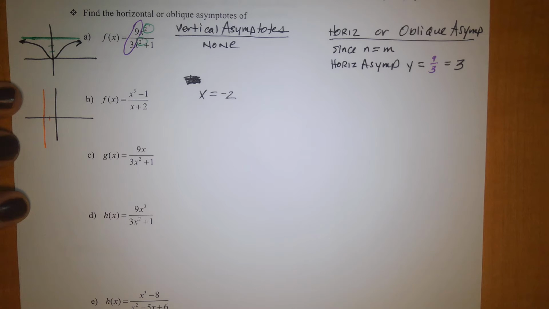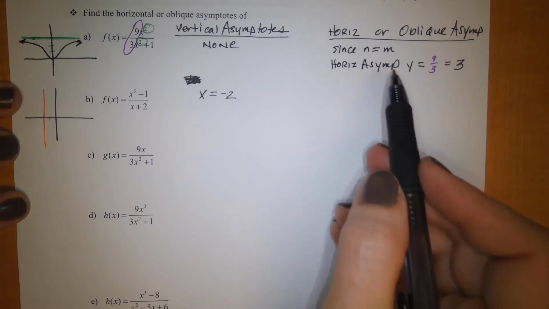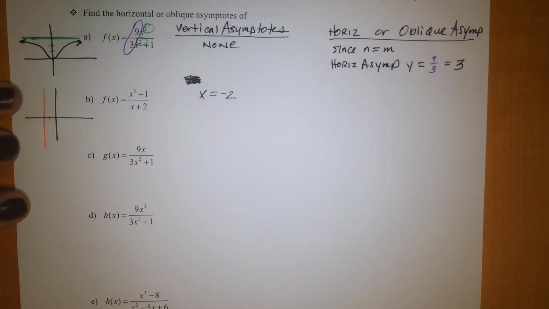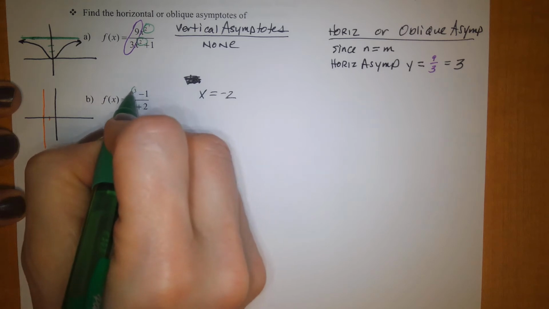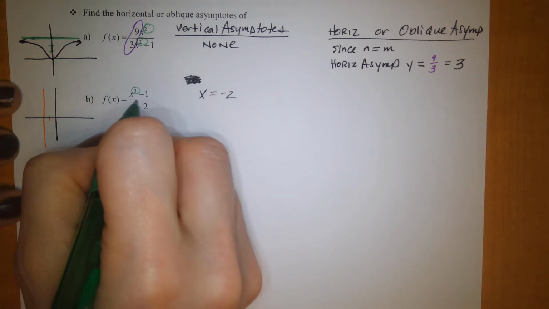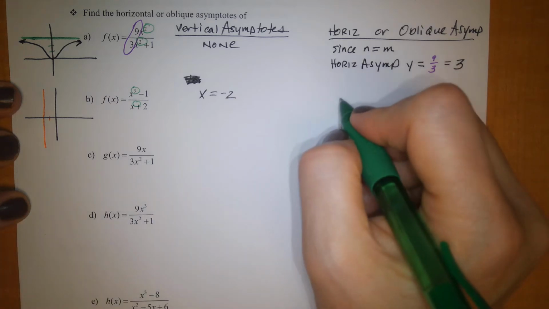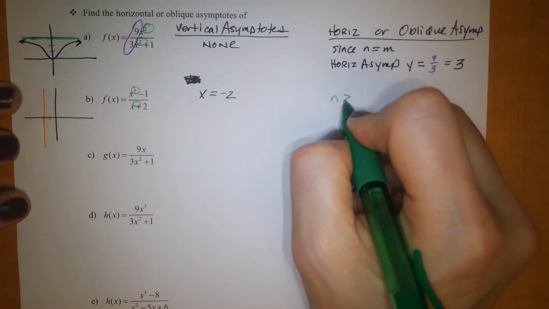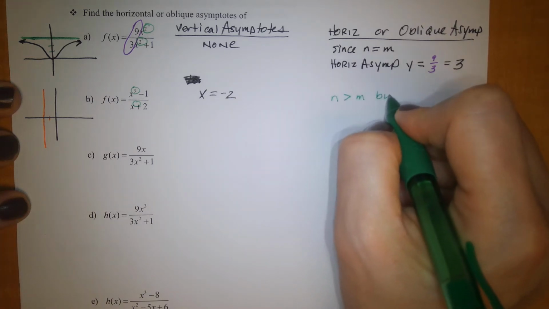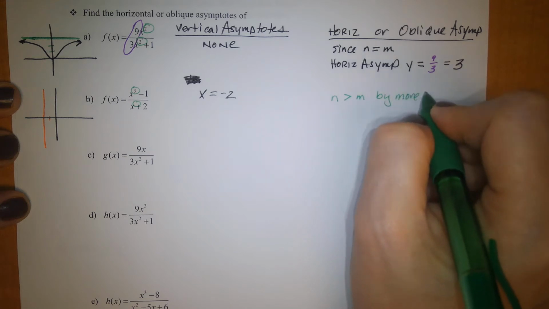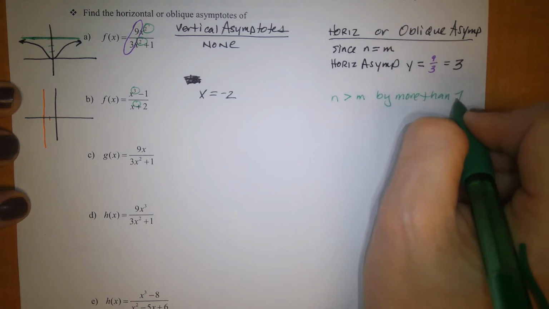Let's also look to see if we have horizontal or oblique asymptotes. We have to check out the exponents. The exponent of the top is 3, and the exponent of the bottom is 1. So we have n greater than m by more than 1.